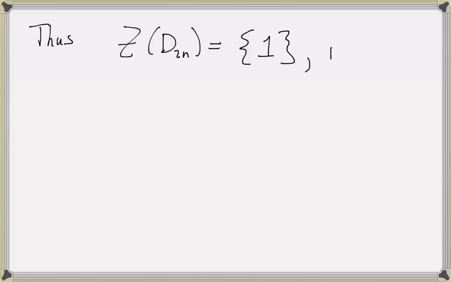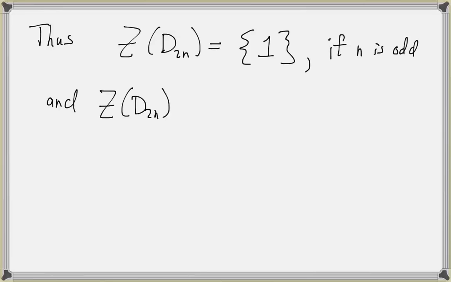So thus, we can conclude that the center of D2n is the trivial subgroup containing the identity if n is odd, and the center of D2n will equal the identity and the rotation r^k that rotates the polygon halfway around, 180 degrees.